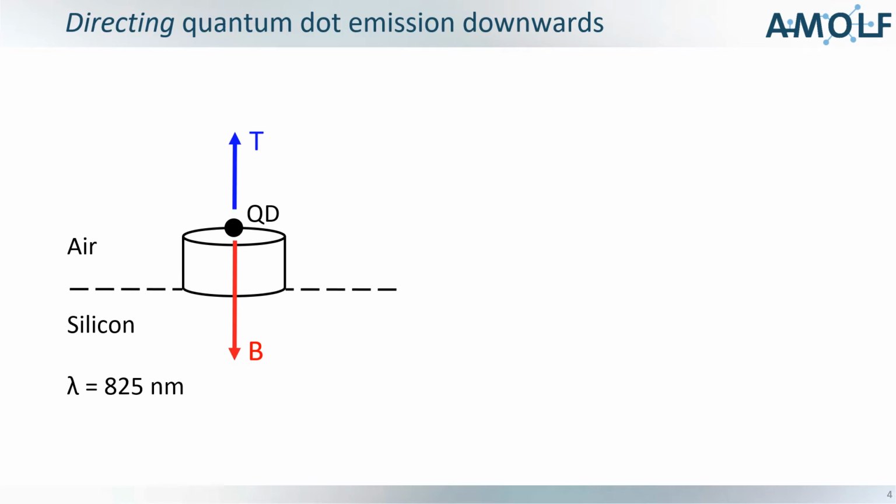The goal here is to have almost all of the light going towards the bottom, and we find the optimal shape, the optimal height and the optimal diameter of the cylinder for the downward emission.